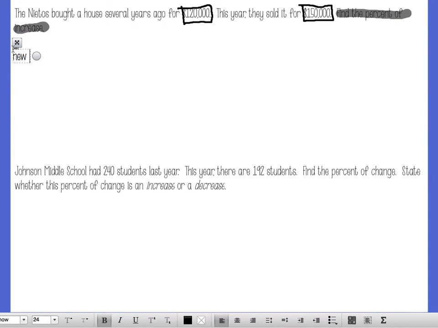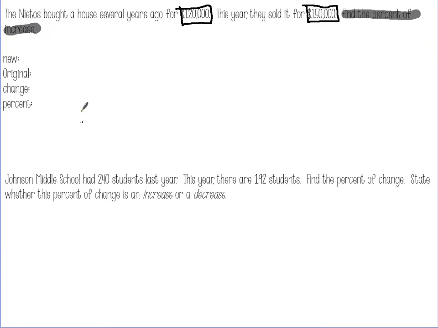I have new, original, change, percent. Okay, so when I list these, this time I know the new cost is 150,000 because that's what they sold it for.